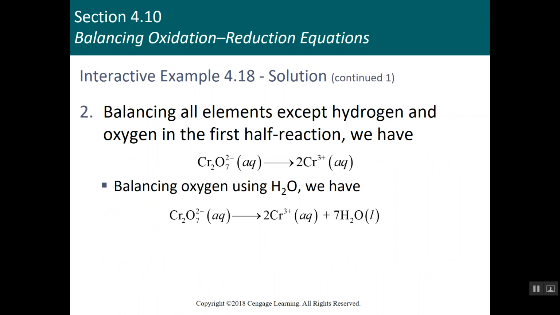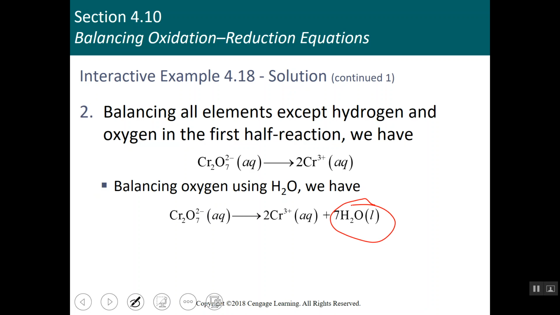First off, we're going to use water to balance out those 7 oxygens. I'm sorry, I skipped a step. First notice that we balanced the chromium. We had 2 chromiums on the left, 2 chromiums on the right. Now we're going to balance the oxygens by adding 7 waters on this side.